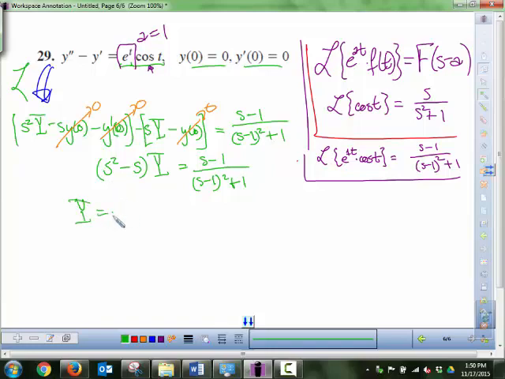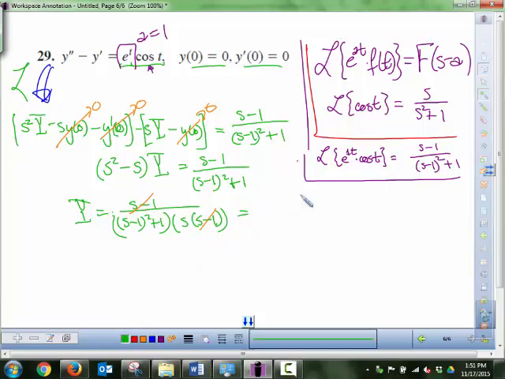So Y is equal to s minus 1 over s minus 1 squared plus 1 times s. Oh, let's factor this out, because it looks like we might be able to cancel some stuff out. And here we go. Cancel that. So I think we do need to multiply it all out.